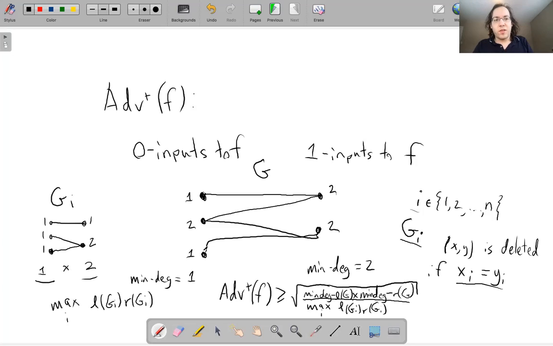It's also kind of strange that we only define this graph on the inputs, and it felt like we used very little of the properties of the function, but it turns out we actually use enough properties of the Boolean function to define something interesting. So we used what f evaluates to when we said that the graph has to be bipartite, when we put 0 inputs on one side and 1 inputs on another side. So that has a dependence on what f is.